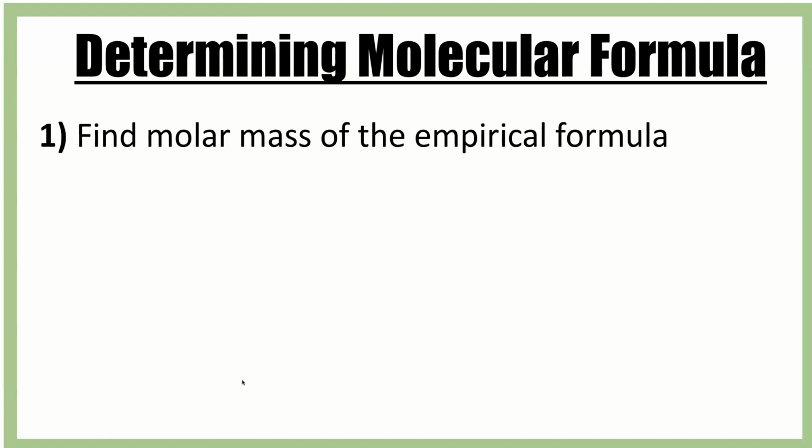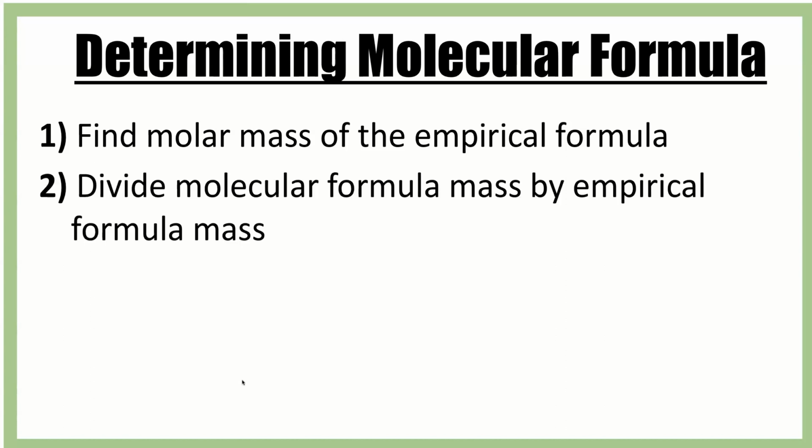Now, we have our empirical formula. Now we need to figure out the molecular formula. Okay? So we find the molar mass of the empirical formula. Well, you just found the empirical formula, so you can use the periodic table. Then we're just going to divide the molecular formula mass by the empirical formula mass. You have to be given the molecular formula mass as part of the problem.